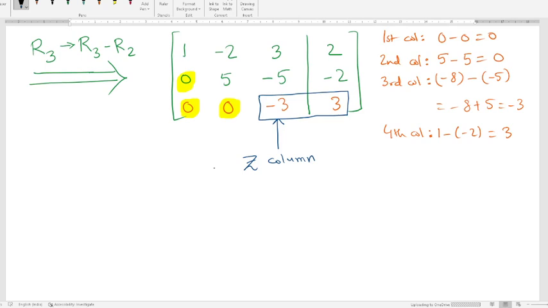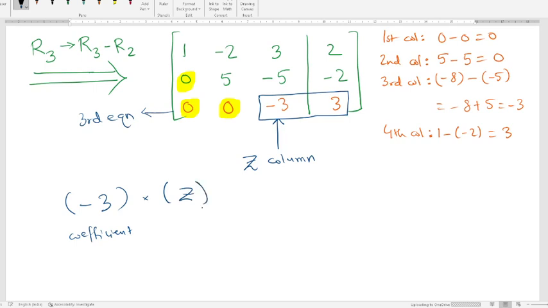So we reconstruct the equation from the third row. From the third row, we reconstruct the third equation. How do we do that? The coefficient is negative 3, multiplied by the unknown. What is the unknown?